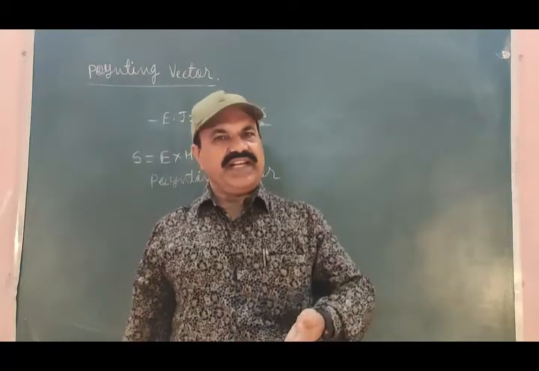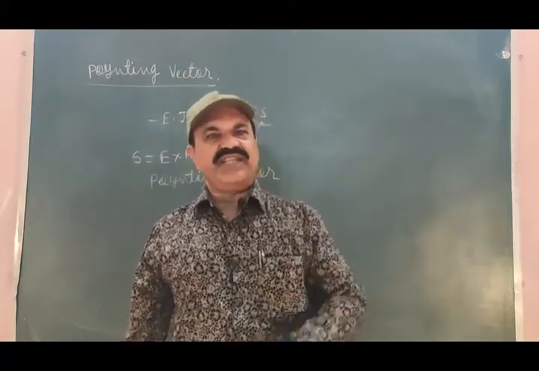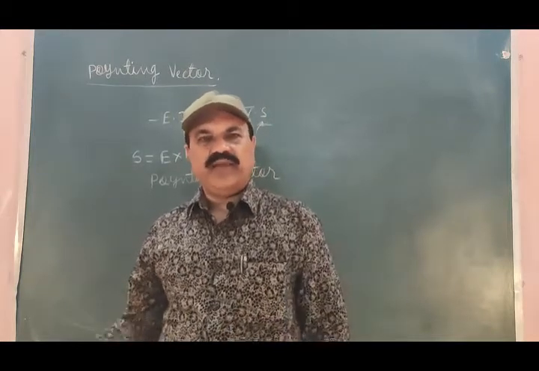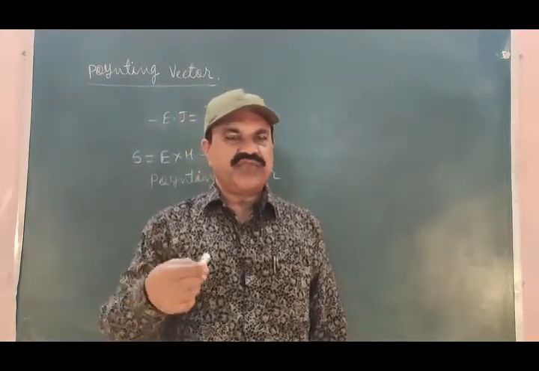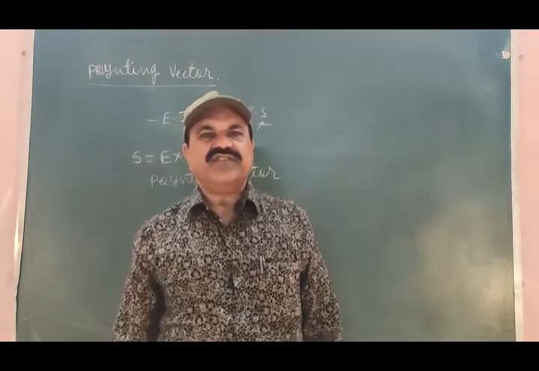Light energy is electromagnetic energy, and therefore Poynting vector is always used for finding the intensity of light.